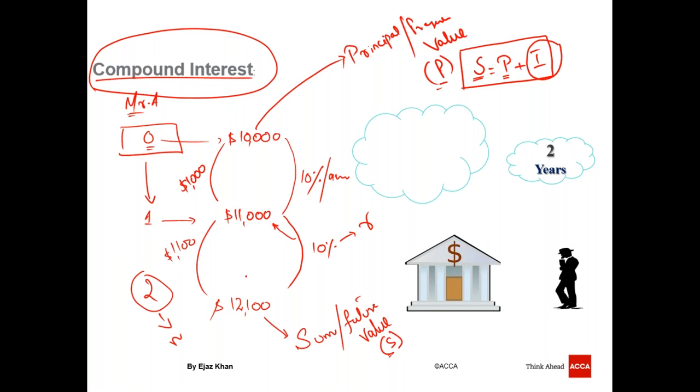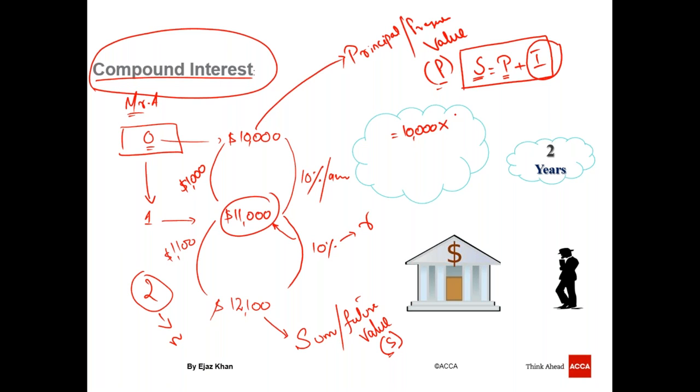So if you look at this relationship, which is $10,000, if we add 10% of the $10,000 into these $10,000, we'll get the sum after year one. So how can we add this 10%?